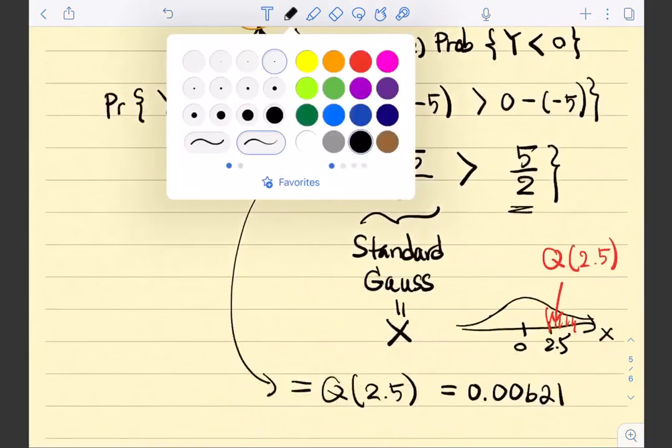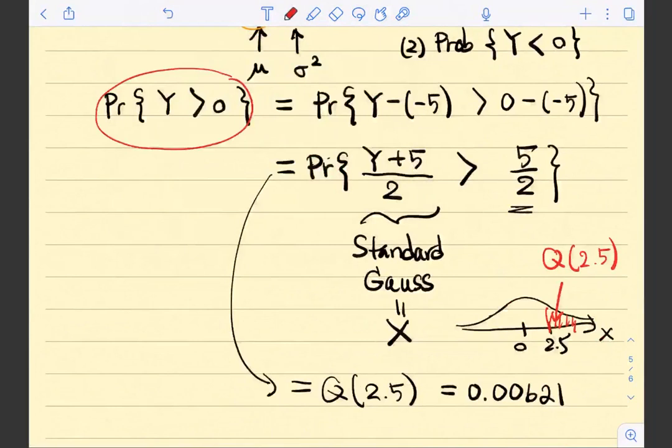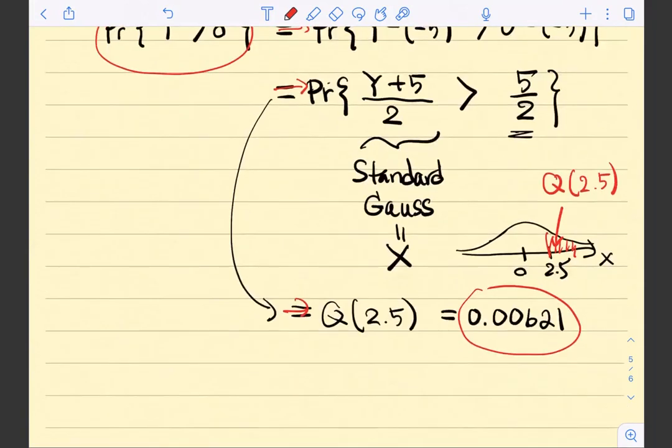So the probability of this event is equal to this, which is this. Okay, everyone got this? So the chance is very small. So Y is mostly negative. The chance that it's going to be bigger than 0 is only 0.621%, not even 1%.